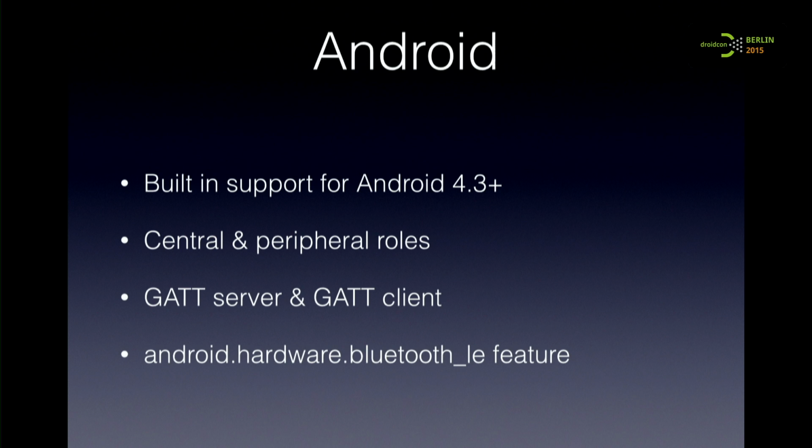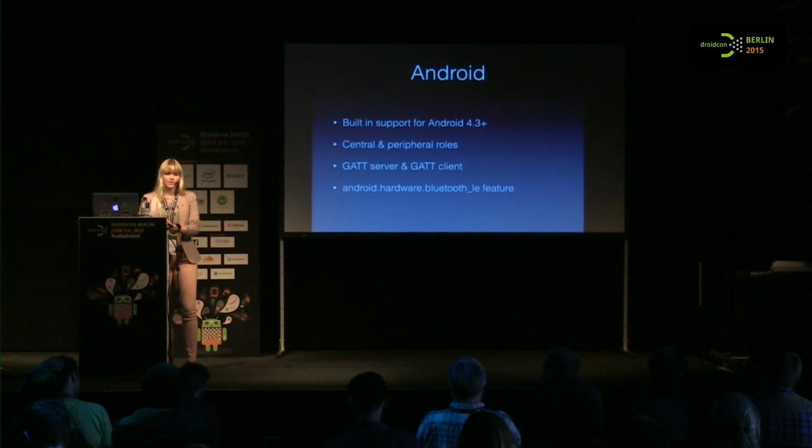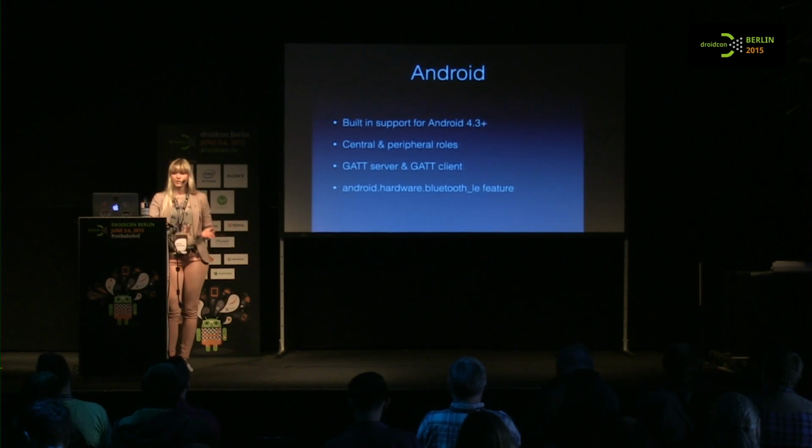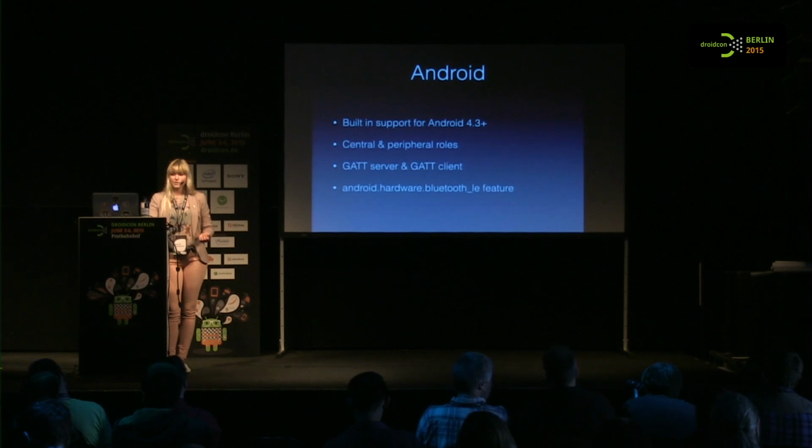Let's see how Android supports BLE. BLE support was added with Android 4.3, and central and peripheral roles were also added. So if a device can emit a signal, this device is a peripheral, and central devices scan for BLE devices and can analyze and parse the data.